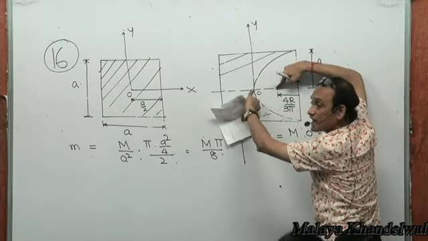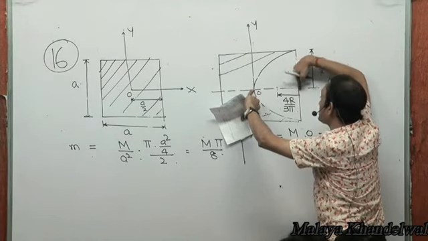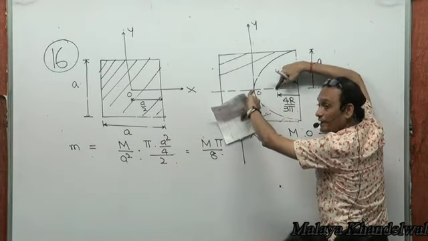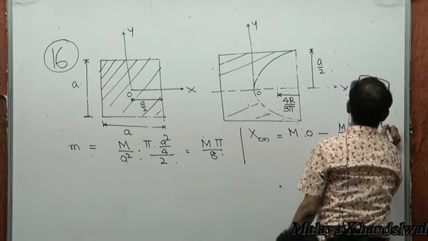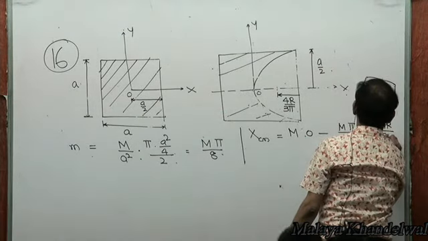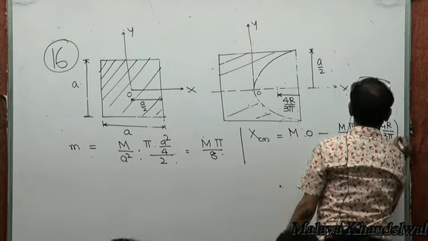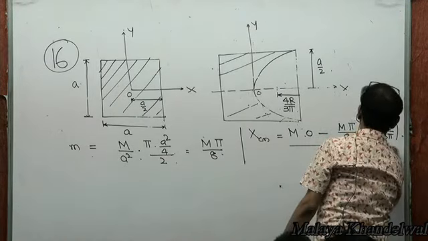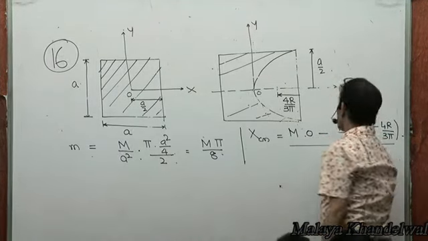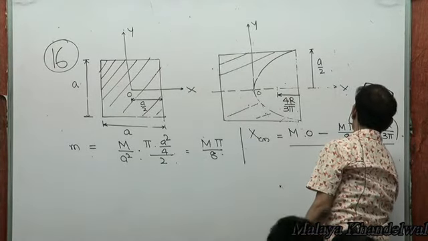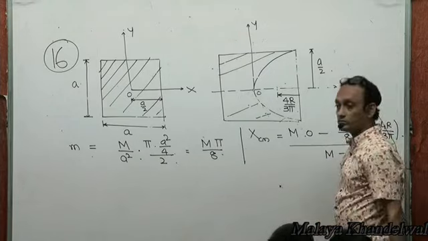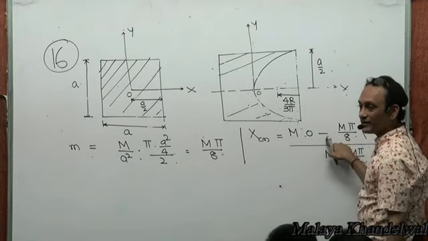This is r minus 4r by 3 pi. Divided by m1 minus m2. That means M minus M pi by 8. Yes or no? And very clearly it turns out to be a negative number.